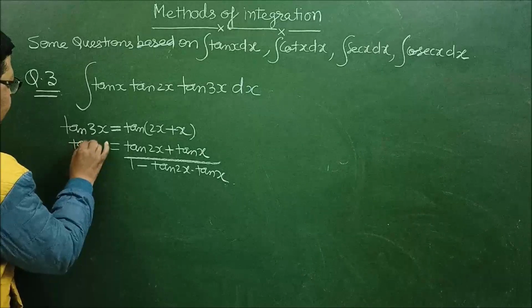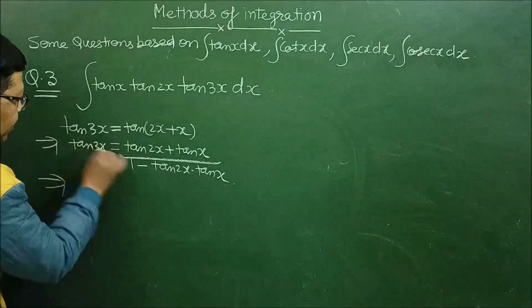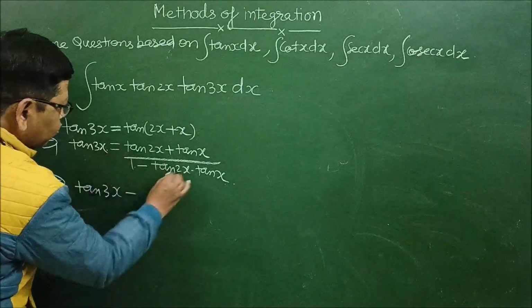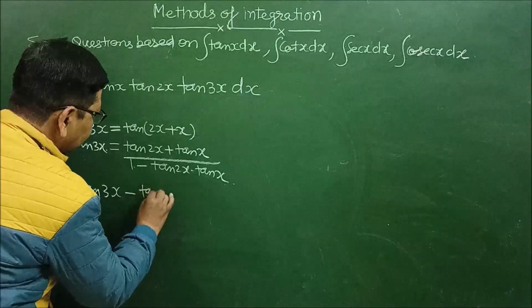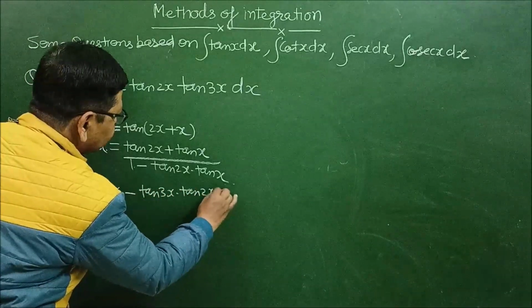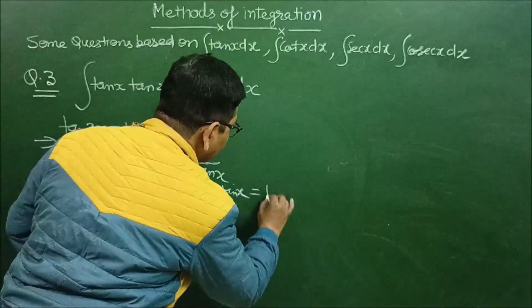Tan 3x is equal to, now by cross multiplication we have here tan 3x minus tan 3x into tan 2x into tan x is equal to tan 2x.